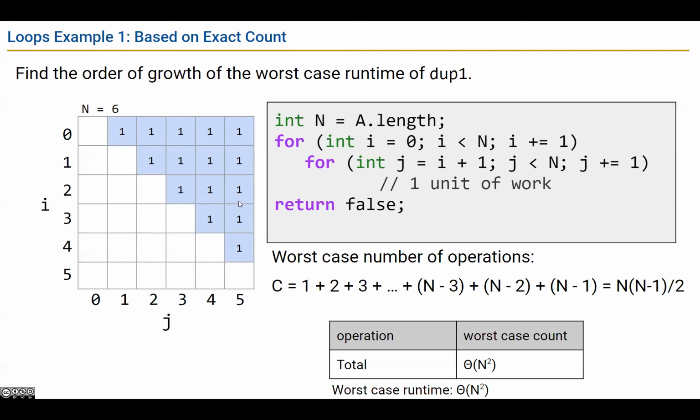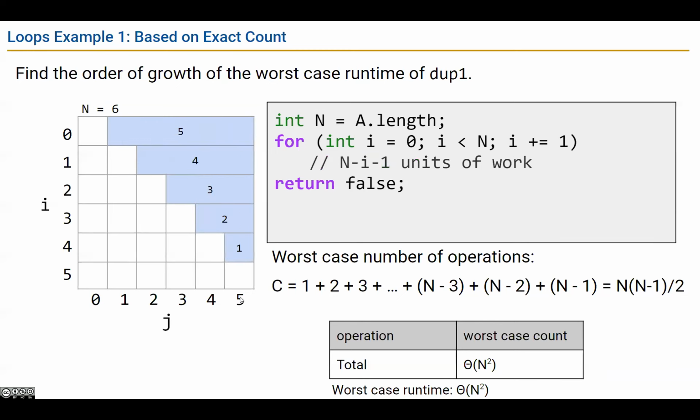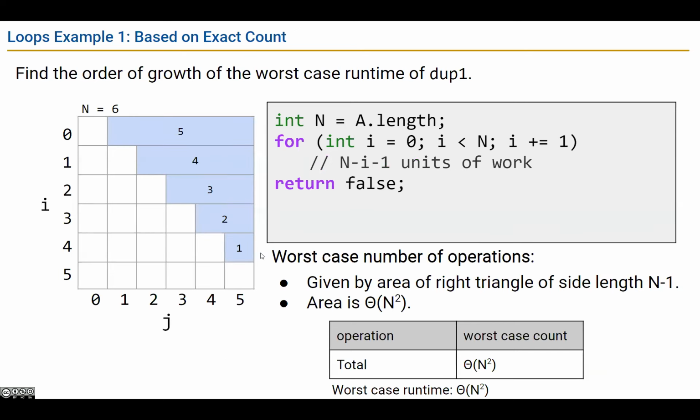If we draw these out in this table, we get this triangle whose width is n and whose height is n. And if you remember your area rules, width times height divided by 2 is the area of this triangle. So the total is on the order of n squared.